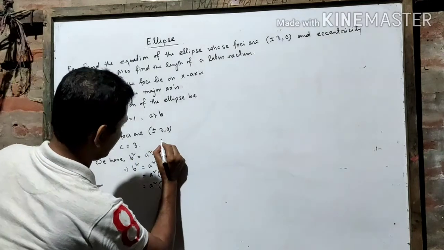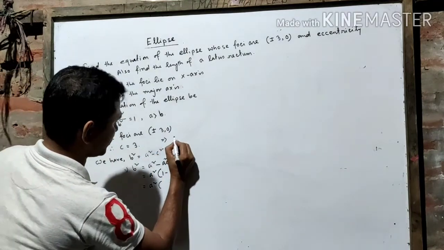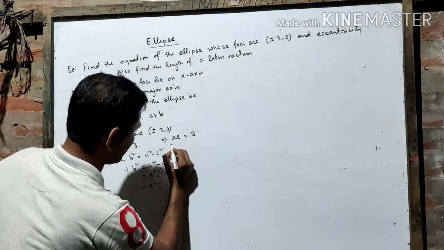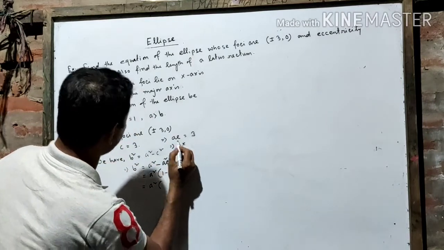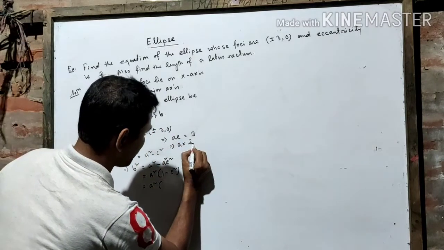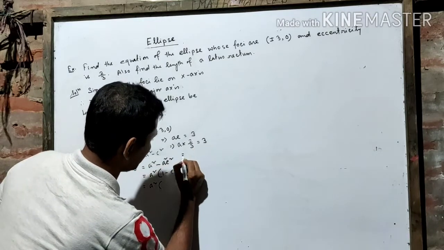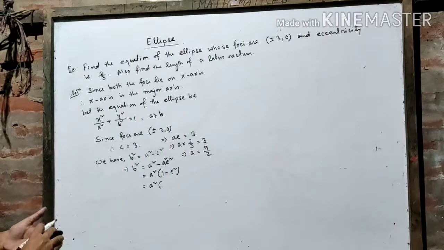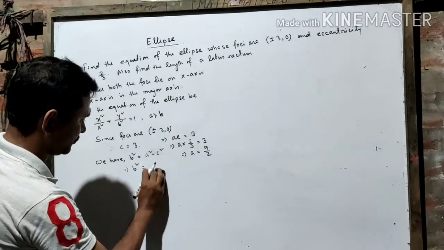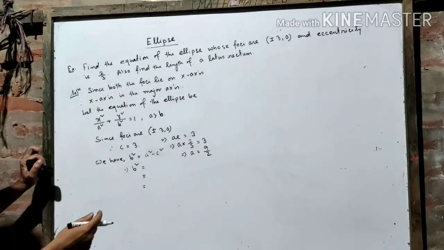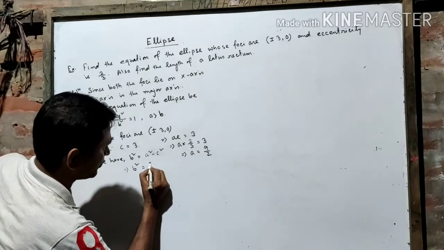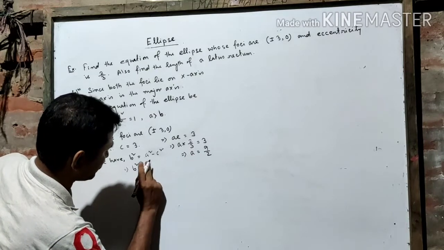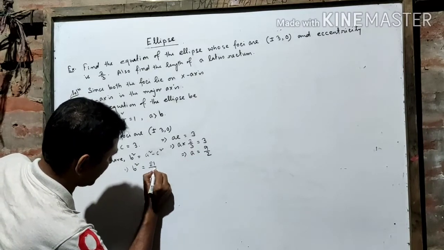We need some simplification here. c is equal to 3 and c is ae, so ae is equal to 3, and e is given to be 2 by 3. This implies a is equal to 9 by 2. Okay. Now we can find b square. So a is equal to 9 by 2, a square will be 81 by 4 minus c square.